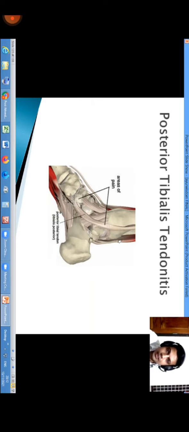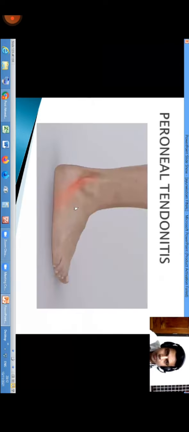So we should examine tendons like the posterior tibialis tendon and peroneal tendon. The peroneal tendon is passing beneath the lateral malleolus. You can see here the peroneal tendon. There are two peroneal tendons passing through this area.